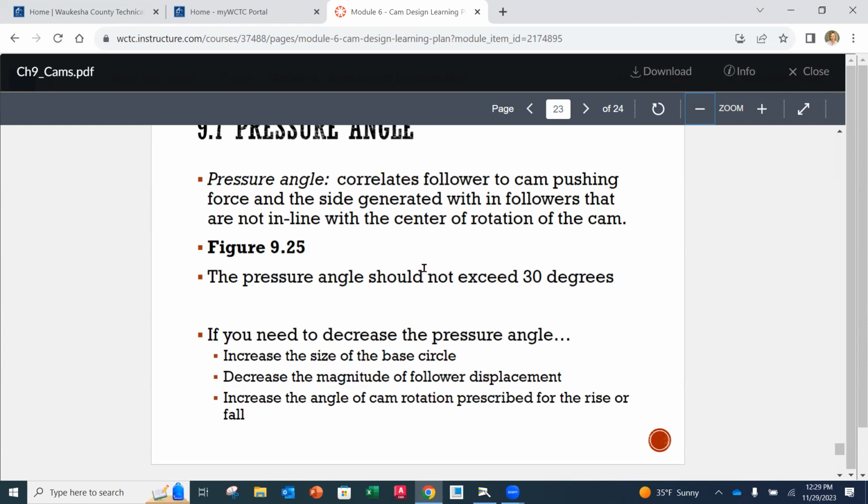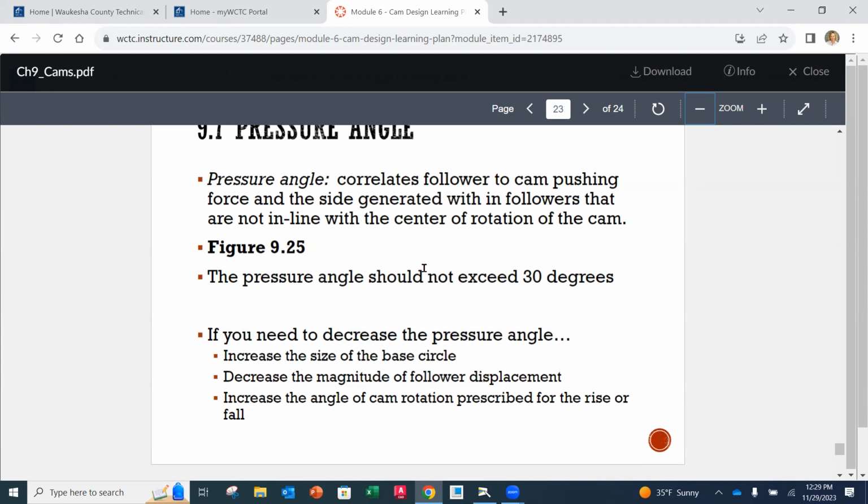So what ends up happening is if your pressure angle gets too large, you could jam that follower. So you want to keep your pressure angle no more than 30 degrees. If you start going over 30 degrees, then you risk having a jam.